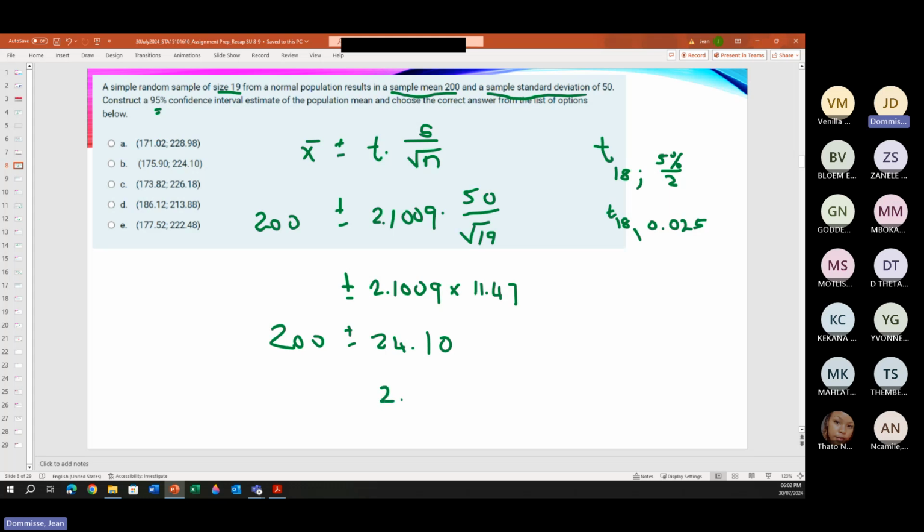So 200 plus minus 24.10. The top one is 224.10. Let's quickly check. Okay, so there it is.